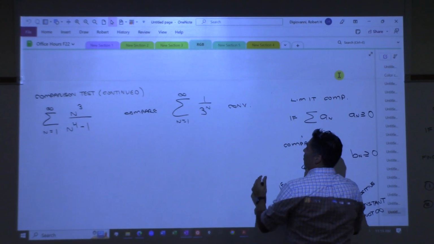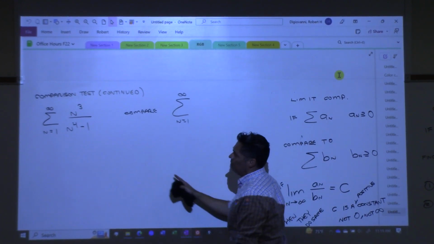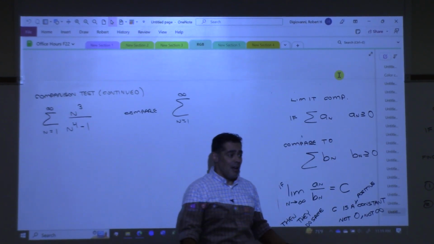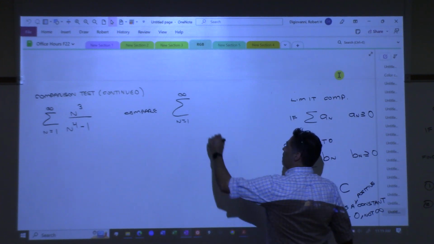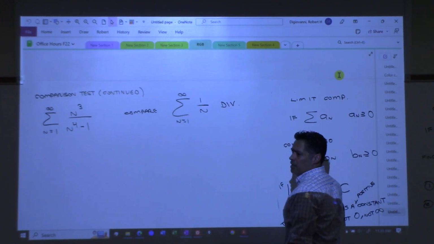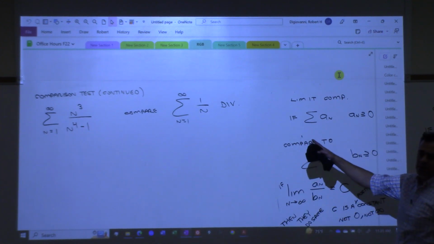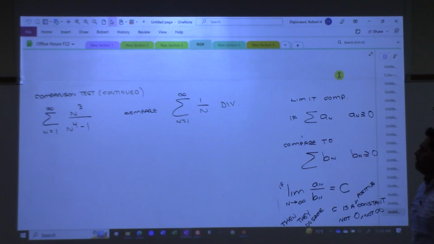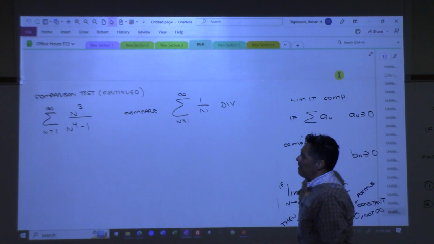All right, I'm going to work right here. So when we did this one a second ago, we said, hey, that looks a lot like 1 over n. So I'm going to compare it to 1 over n. And that's divergent because it's harmonic. Or you could say it's a p-series with p equal to 1. Either way. All right, so now I'm going to take a limit.